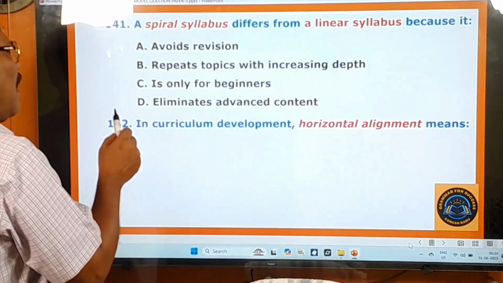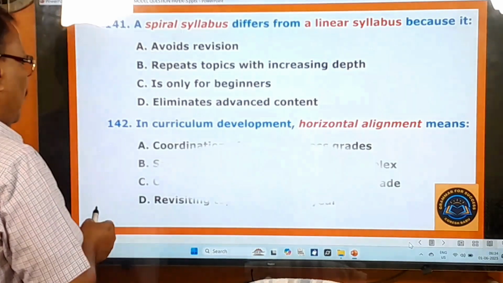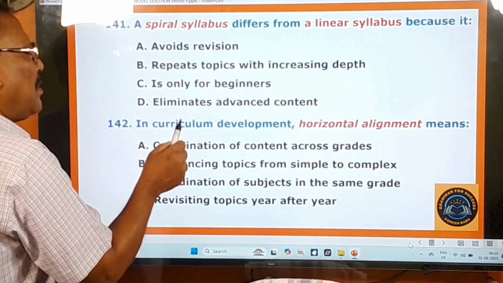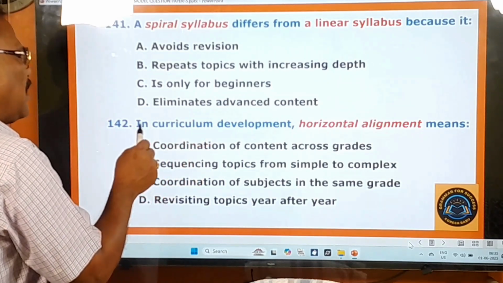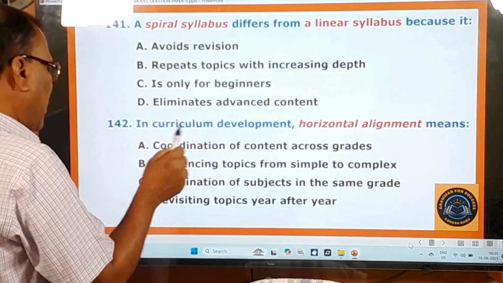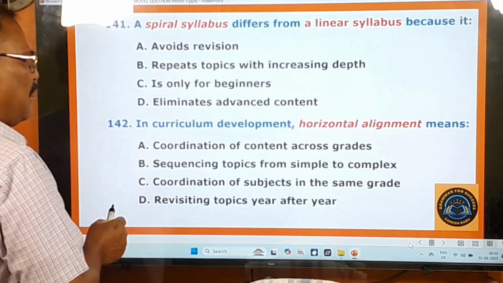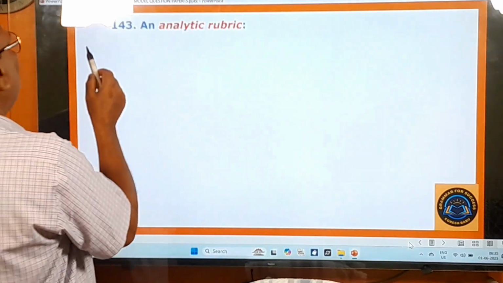142nd question. In curriculum development, horizontal alignment means coordination of content across grades, sequencing topics from simple to complex, coordination of subjects in the same grade, revisiting topics year after year. 143rd question.